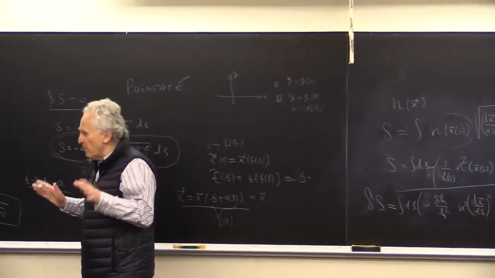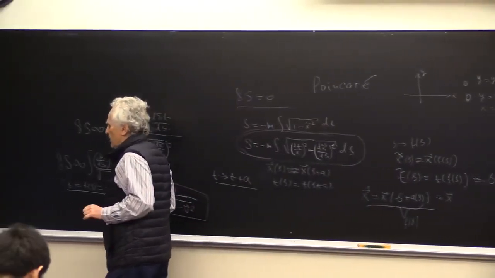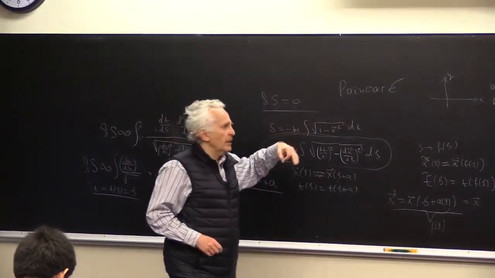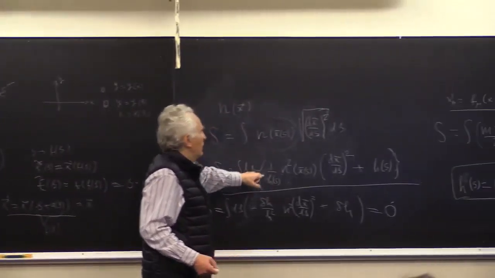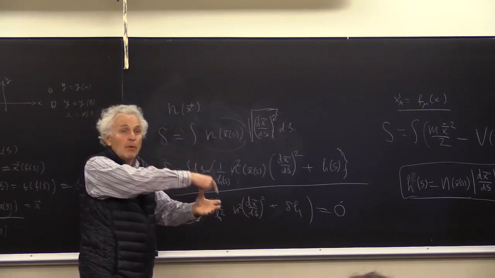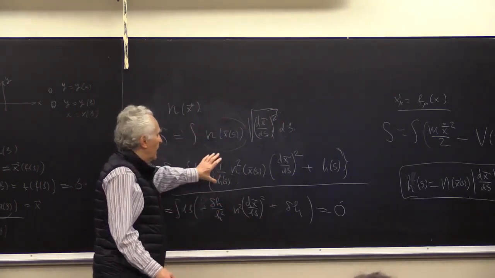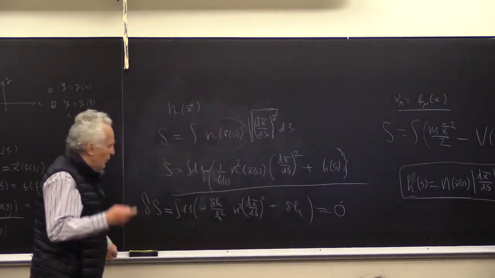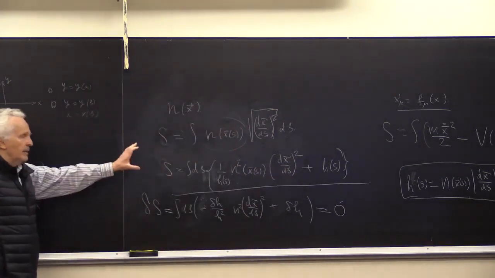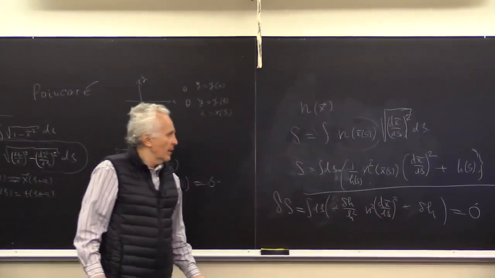It's simple but important to understand that you can exclude some variables when you have a variational problem. You can minimize with respect to some of them, not all of them, and use this equation. You plug it back into the original function.